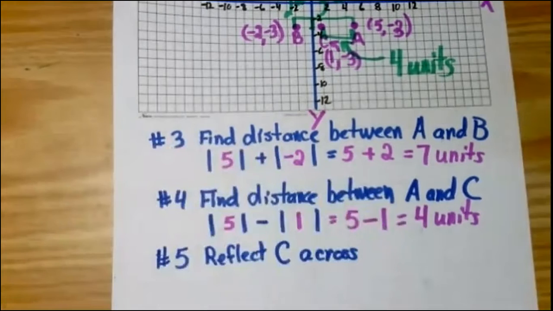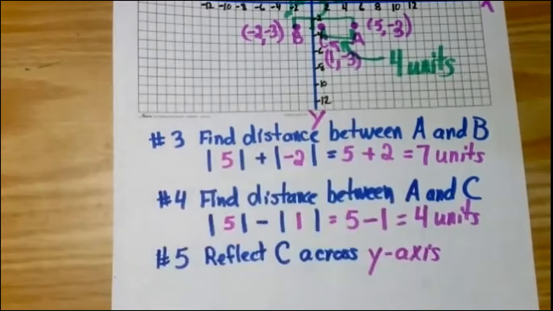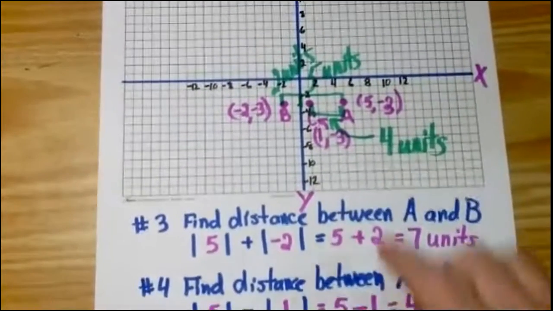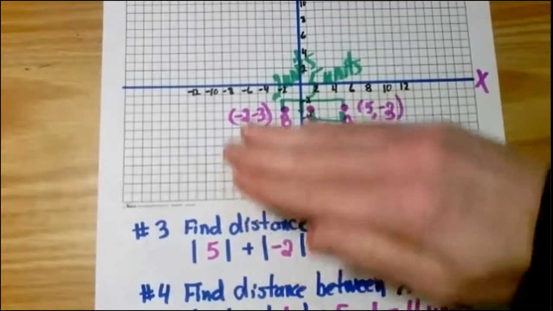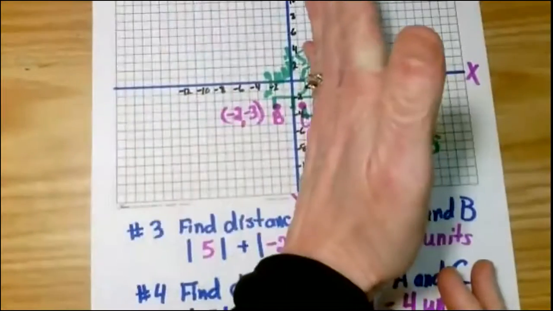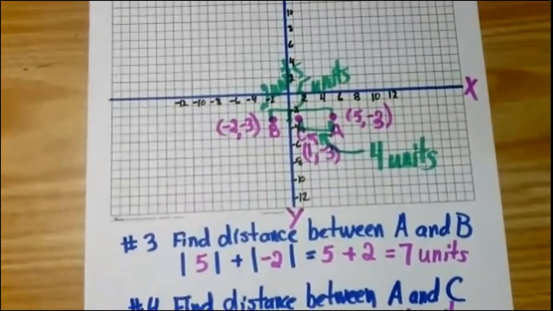I'll put that in pink so we know we're doing it across the y-axis. So if we go back up to point C, I'll move this down a little bit. Point C is right here. It's getting a little bit crowded. We need to reflect it across the y-axis. So we need to go from here to that side. So we would be folding our paper this way, seeing where the point comes out.